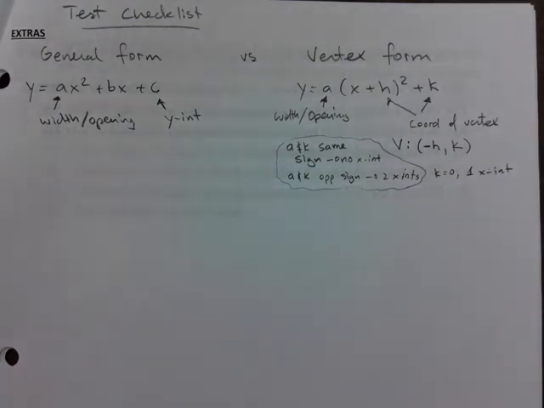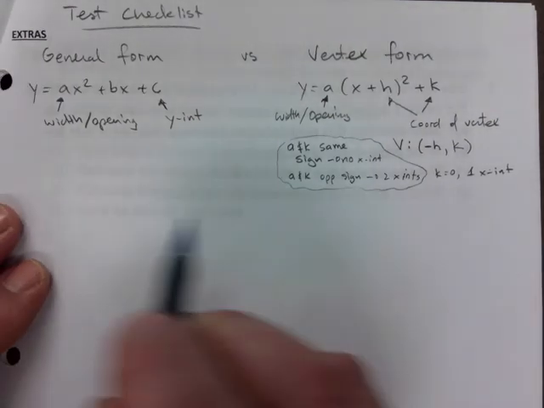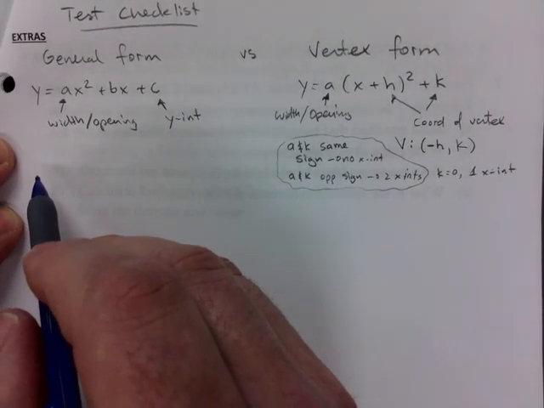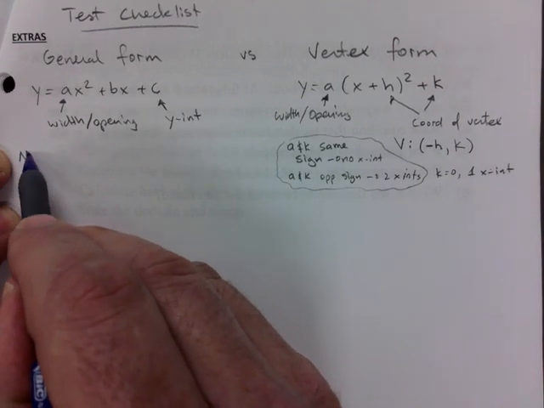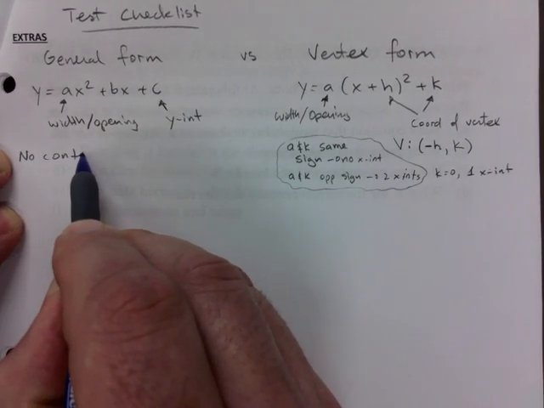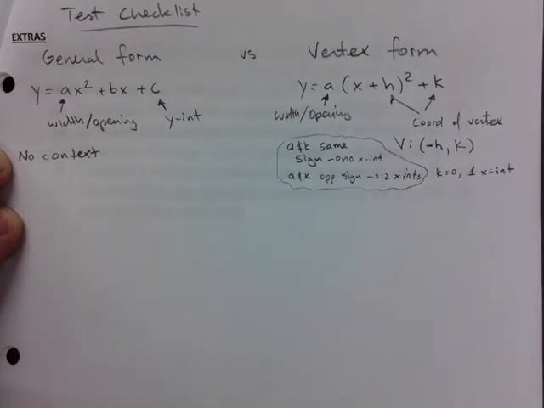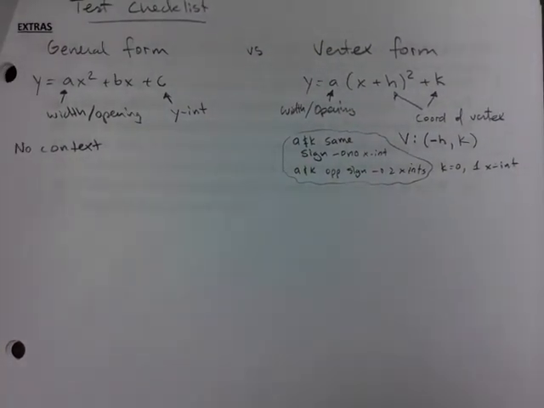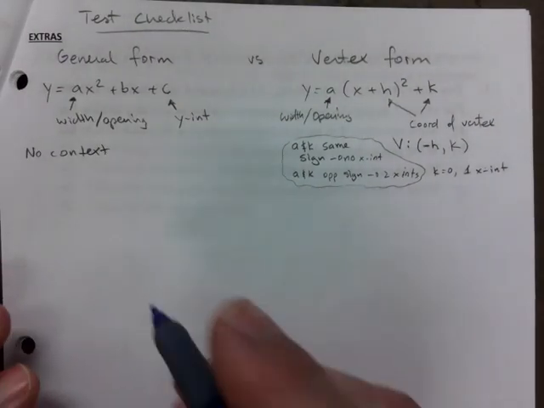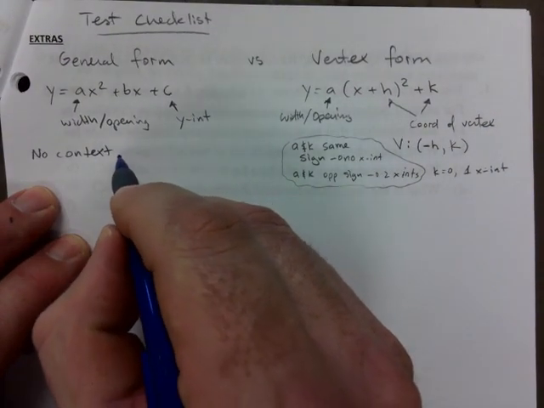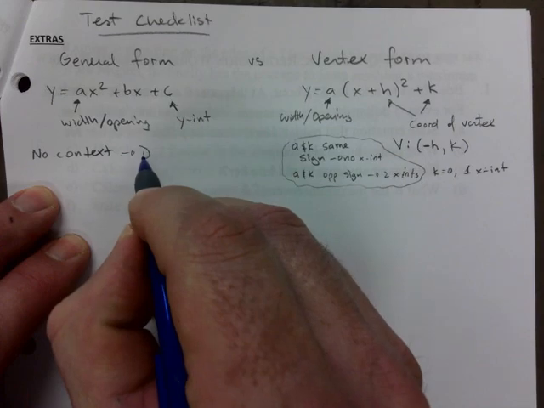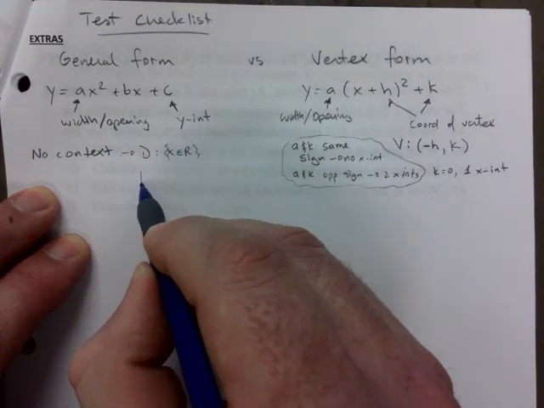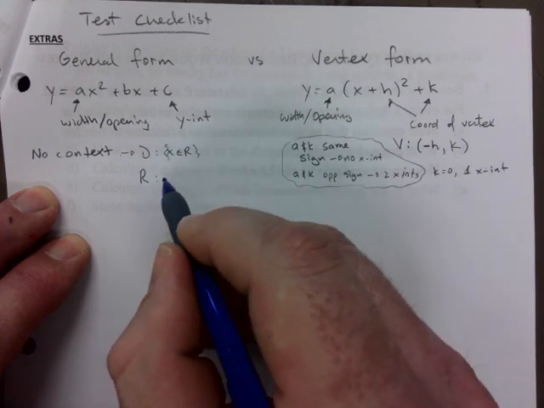So 2 things to consider. If there's no context, you're not told that the variables mean anything other than just x and y, and all 4 quadrants apply. So then the domain is just all real numbers, and the range, well, it depends.